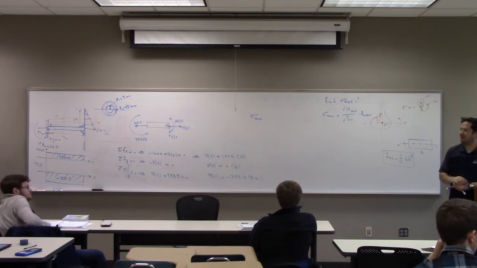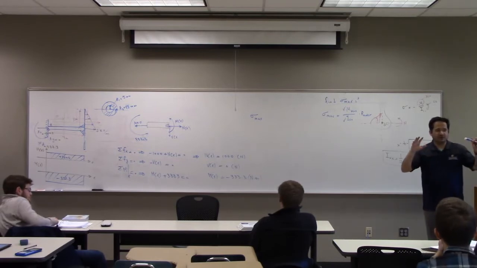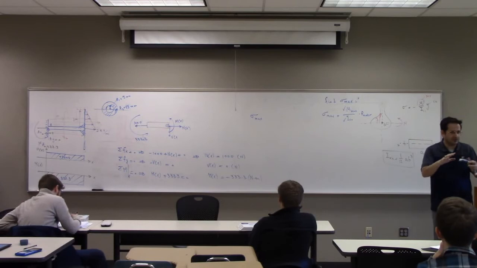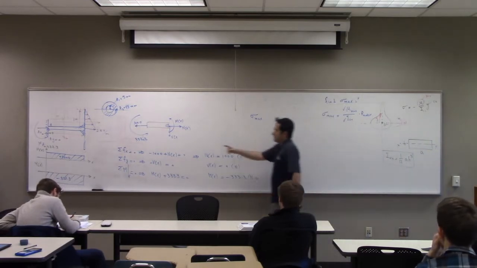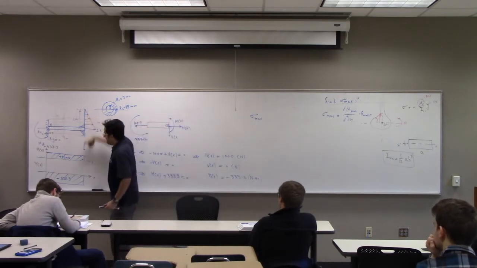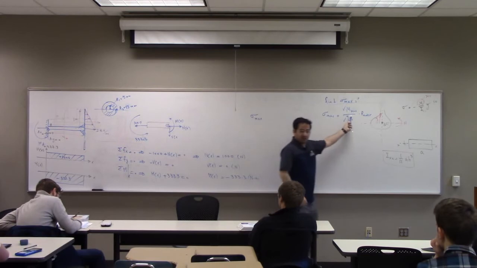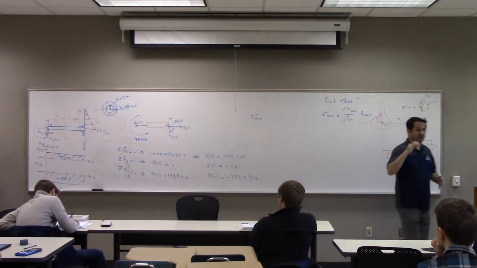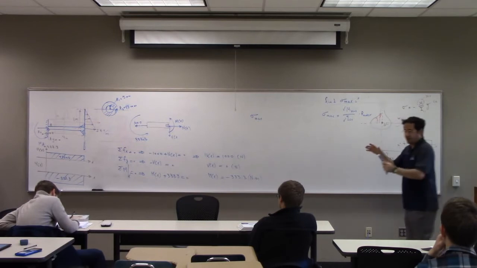You see, we had something in last class. We had the principle of superposition. That means that you can take two phenomena, each at a time. Yes, I know that this load right here caused some sort of bending, and I should use that. But I have to consider another phenomenon, not simultaneously.